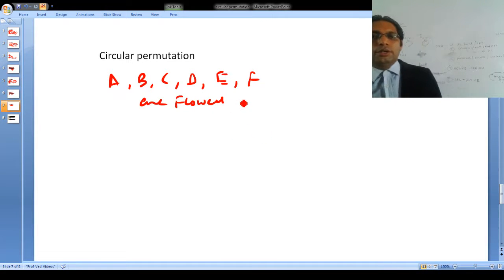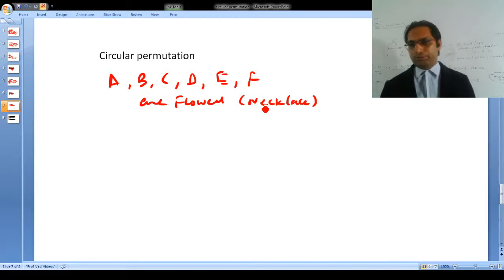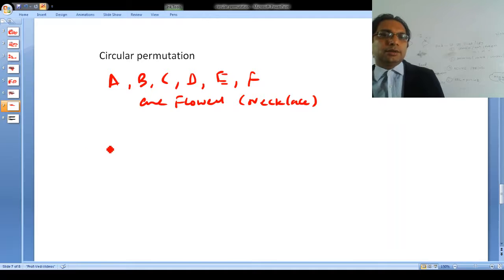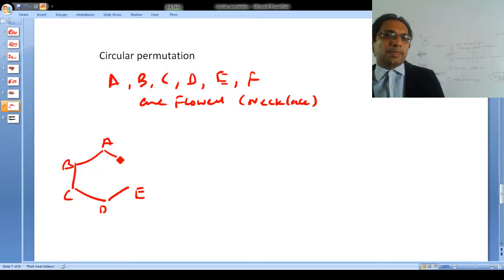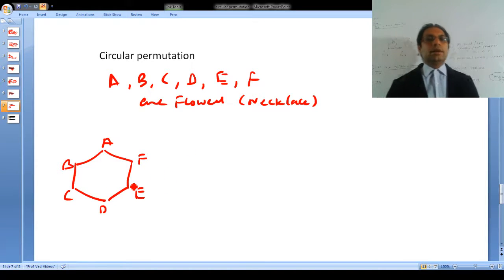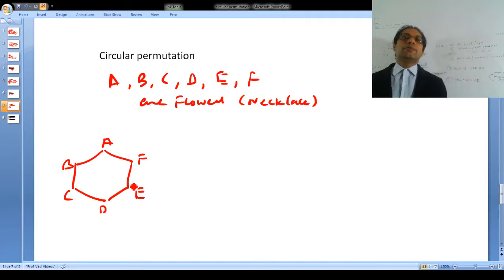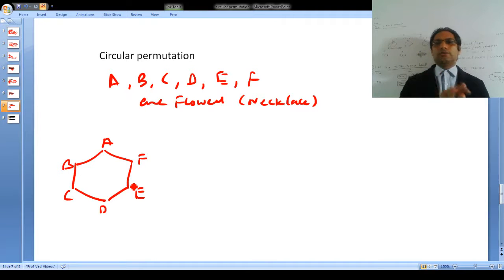This only is very sensible when we talk about necklace, and you will see why I am saying so. So let us make a hexagon: A, B, C, D, E and F. This is a necklace which we have made using 6 flowers.